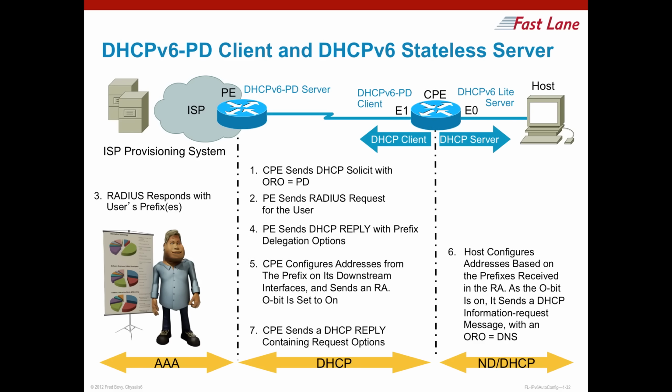So this is a full example. I like this example because the CPE here is a DHCP PD client and the DHCP stateless server. And the PE here is a PD server, or it could also be a DHCP relay if it is not providing the DHCP function itself. So the CPE here is sending a prefix delegation request.